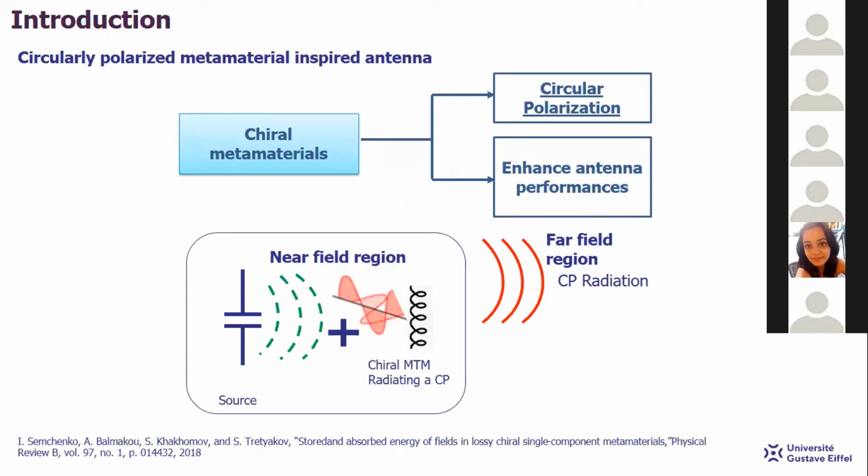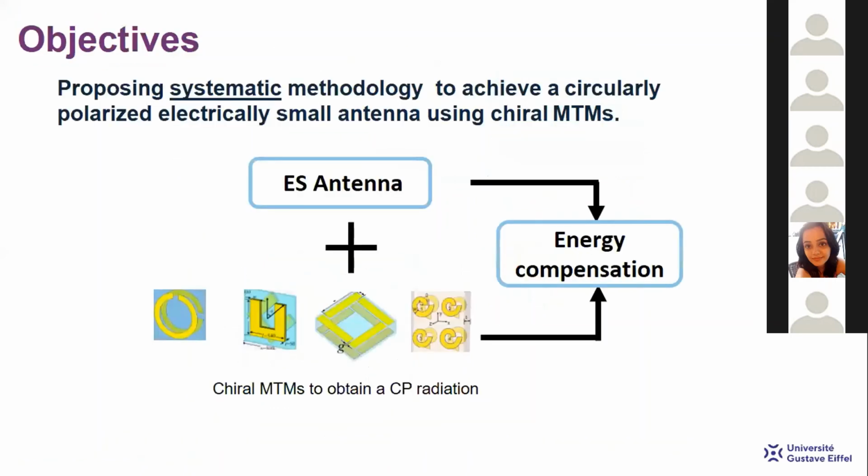So by associating this chiral metamaterial to an antenna, we can achieve electrically small antennas with ECP radiation. In general, this association is based on heuristic association. So this leads to our objective, which is how to propose a systematic methodology to achieve a circularly polarized electrically small antenna using chiral metamaterial.